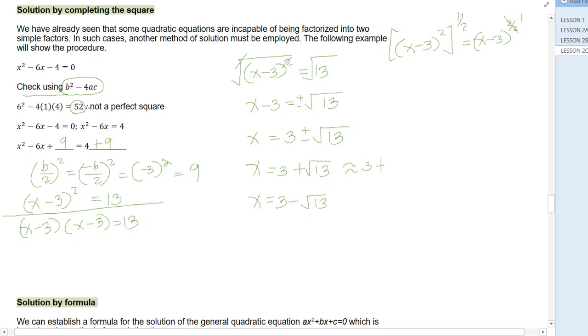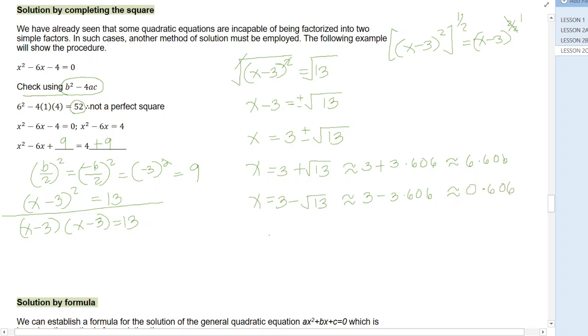3 plus the square root of 13 is approximately 3 plus 3.606, which is equal to 6.606. And this one, 3 minus 3.606, is equal to negative 0.606.